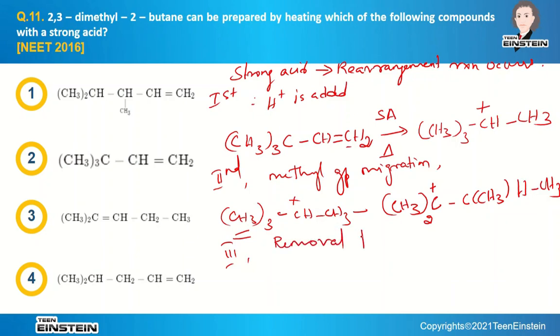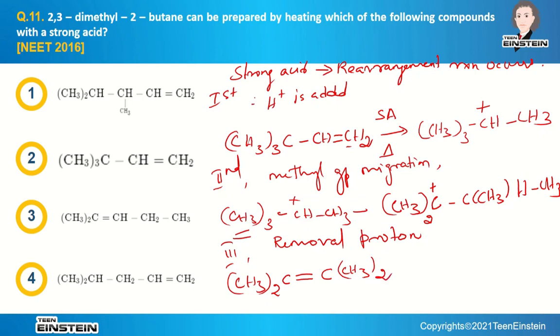In the third step, removal of a proton takes place. So proton is removed. CH3 twice C here double bond C CH3 twice.